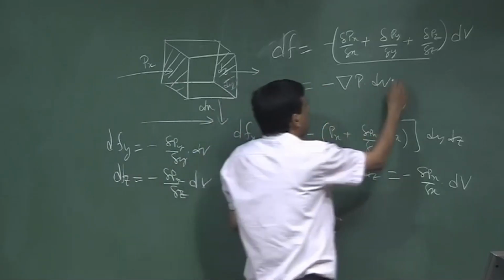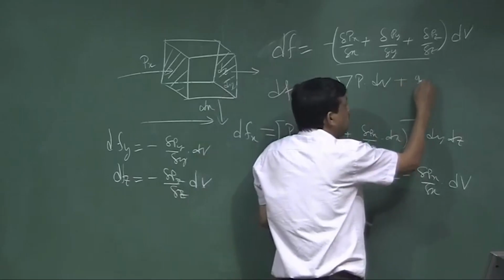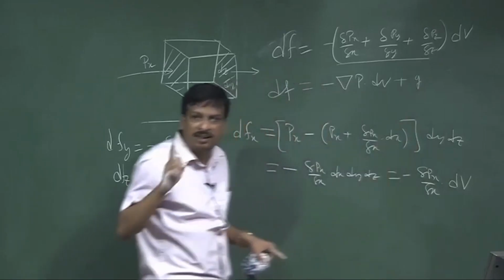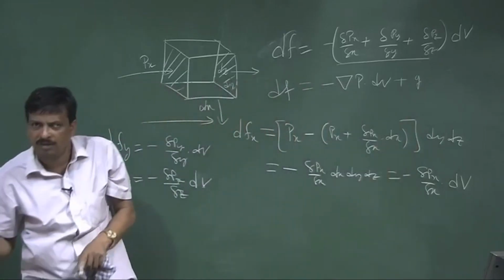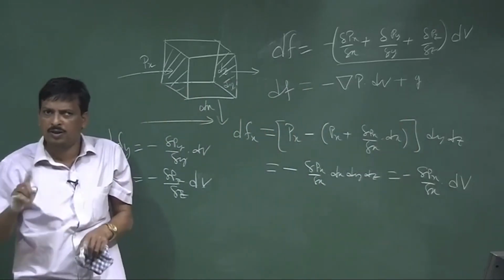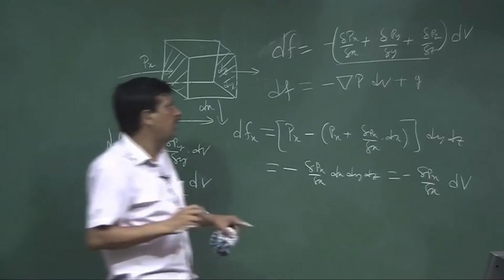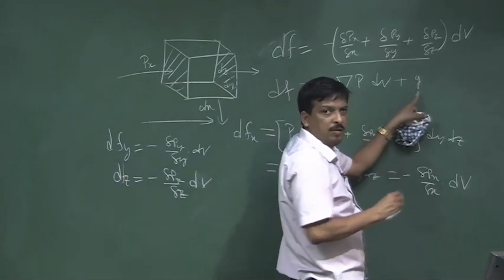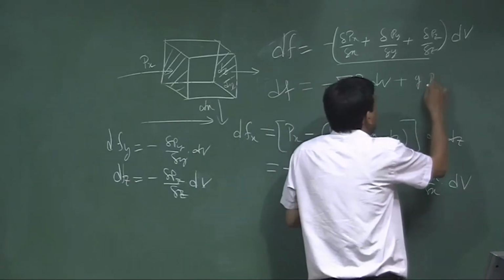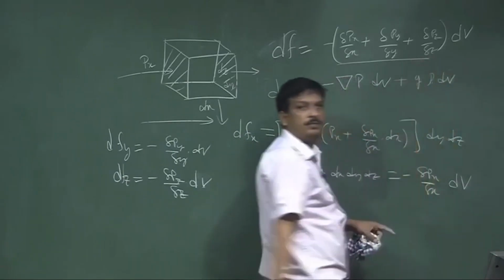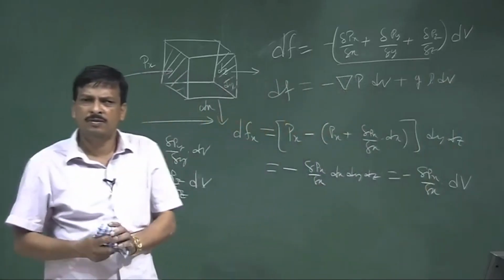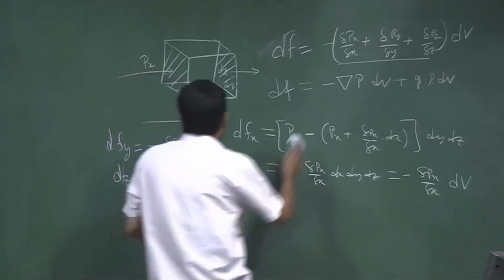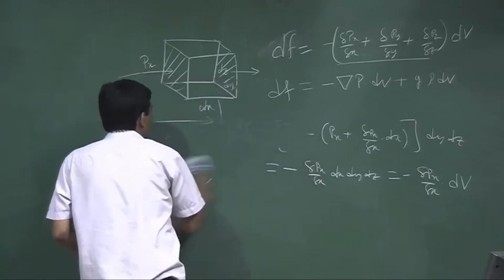What is the gravitational force? We know it is the gravitational acceleration g into mass, F equals m into a. What is the mass? Rho into dV is the mass. So, rho dV g is the gravitational force. This is the total force acting on this volume.